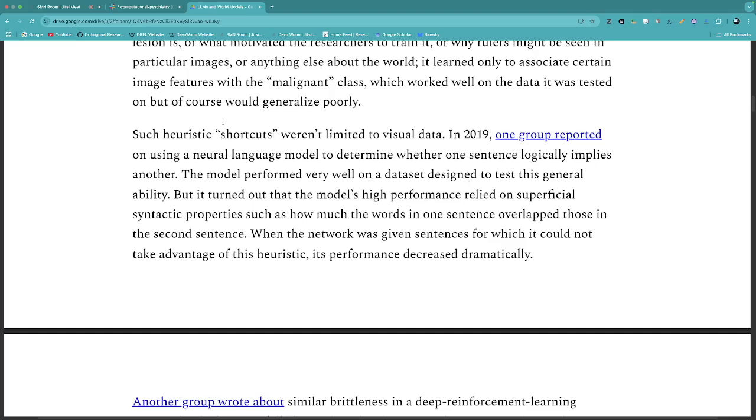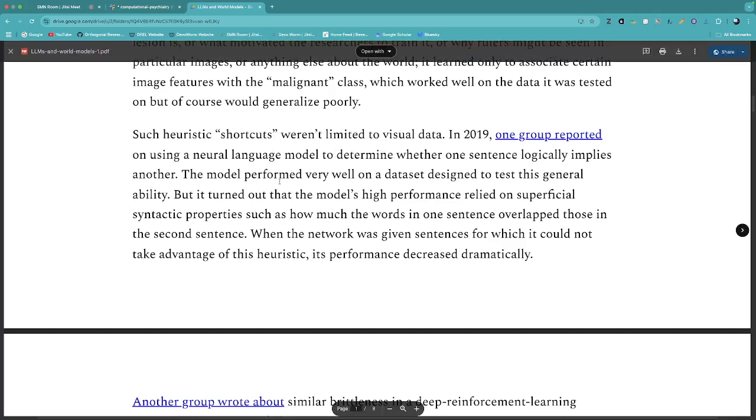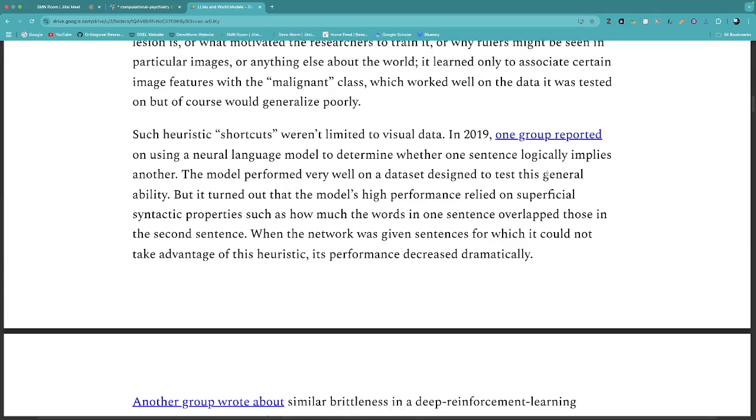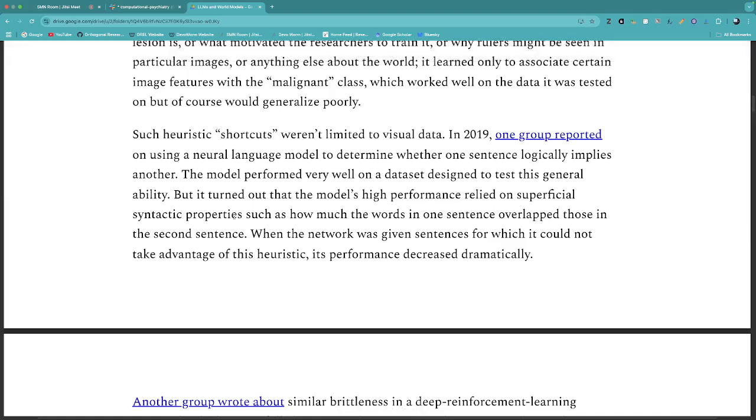Such heuristic shortcuts weren't limited to visual data. In 2019, one group reported on using a neural language model to determine whether one sentence logically implied another. The model performed very well in a data set designed to test this general ability, but it turned out that the model's high performance relied on superficial syntactic properties, such as how the words in one sentence overlapped those in the second sentence.